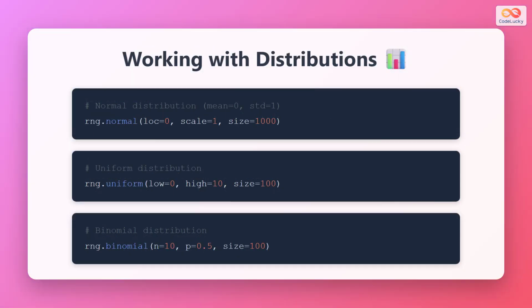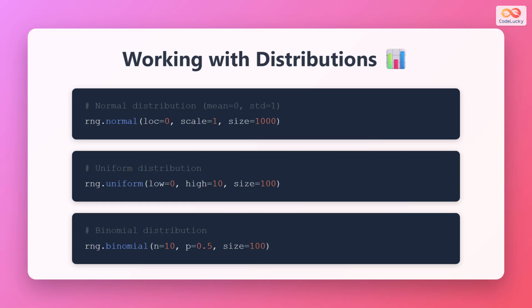The generator class supports generating random numbers from various statistical distributions. For a normal distribution with a specific mean and standard deviation, use rng.normal with loc for the mean, scale for the standard deviation, and size for the number of samples. For example, rng.normal with loc equals 0, scale equals 1, and size equals 1000 generates 1000 samples from a standard normal distribution.